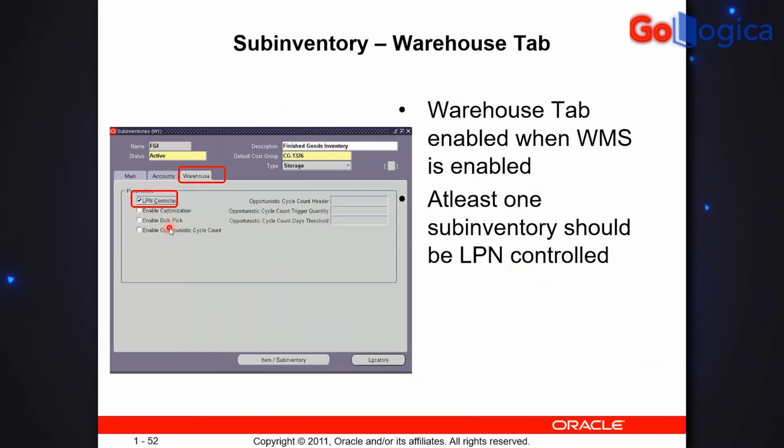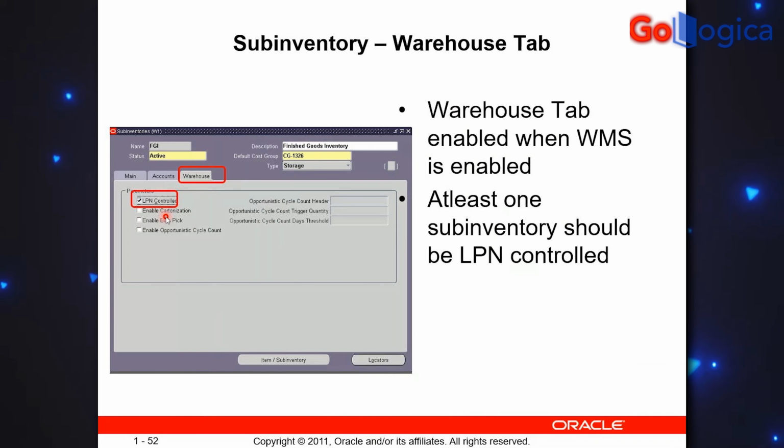The warehouse tab is enabled, and you have different options over here: LPN control, enable cartonization, enable bulk pick, enable opportunistic cycle count. At least one of the subinventories should be LPN control in a WMS org to perform the transactions.